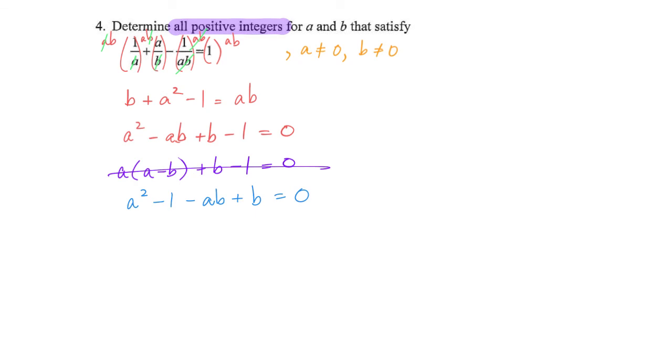So how can I factor my first 2 terms? Well, I have a difference of squares here, so I have an a plus 1 times an a minus 1. And now when I factor my last 2 terms, I have a b in both of those, so I could factor out a positive b. That would leave me with negative a plus 1.